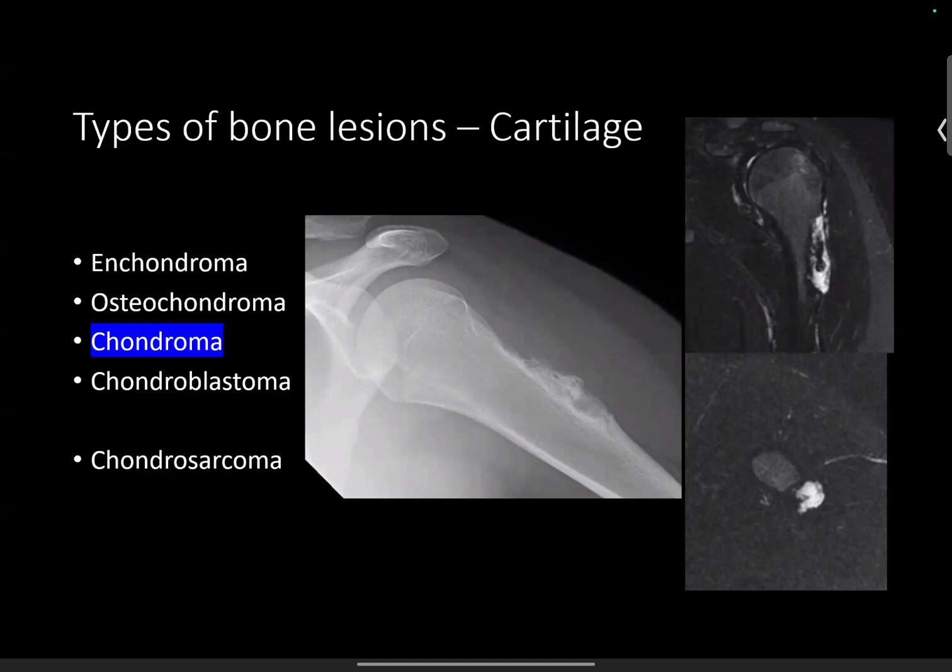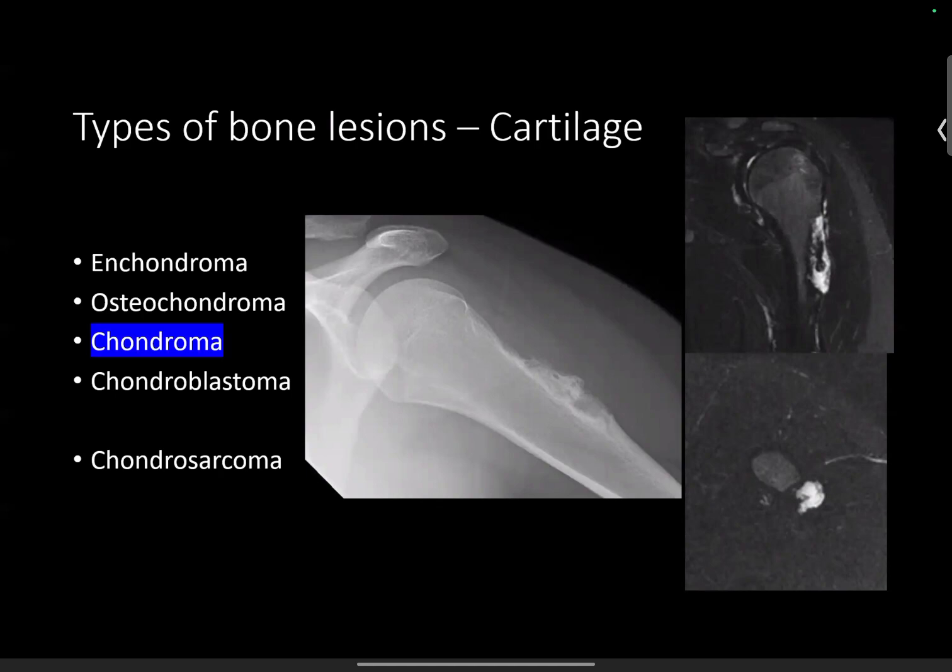Does the age of the child change the location of an osteomyelitis? Well, yes, it does change.